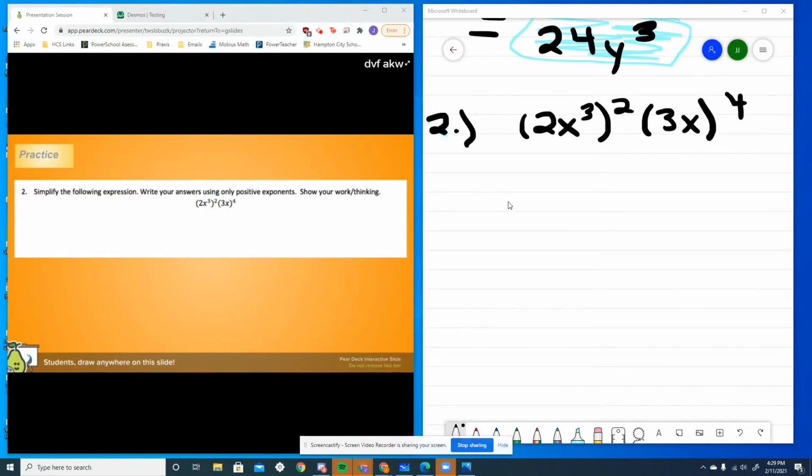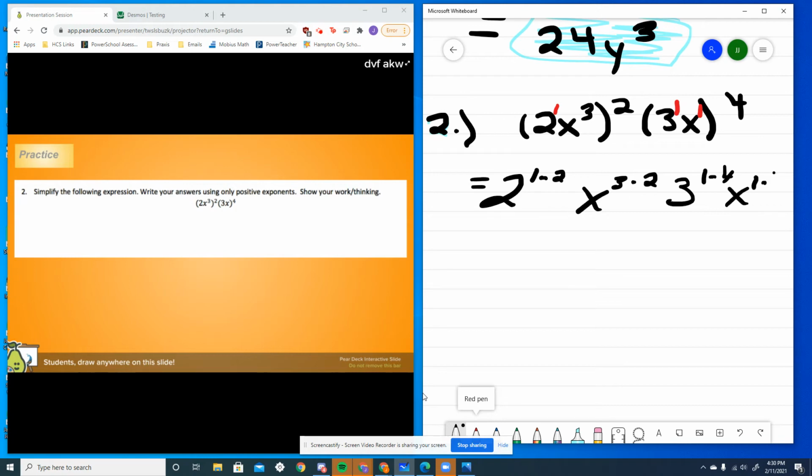Okay, so you should have gotten to know that we're going to first use the power of a power rule. Just by looking at it, you see that there's a power out here and a power out here. So I'm going to put an imaginary 1 right there, an imaginary 1 right here, and an imaginary 1 right here, because those powers are powers. So can we write this as 2 to the 1 times 2, x to the 3 times 2, 3 to the 1 times 4, and x to the 1 times 4.